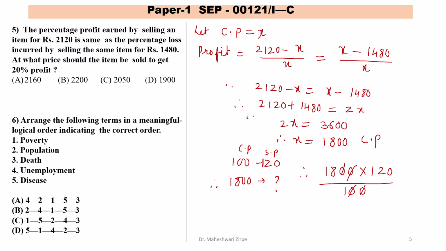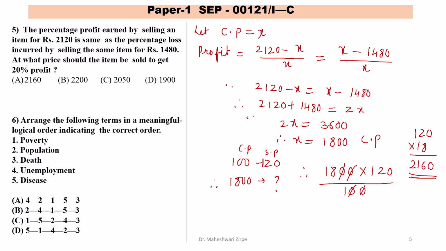So this will cancel each other. Now you just have to multiply 18 into 120. Just find out how much 120 multiplied by 18 is. You will get 2160. Check the answer.